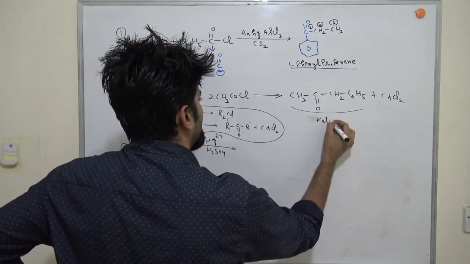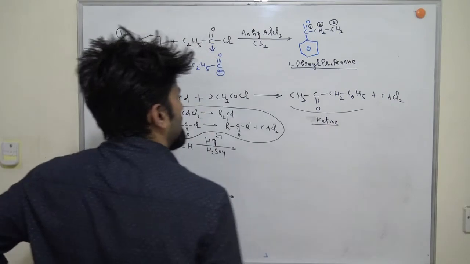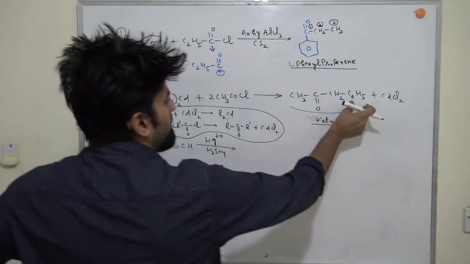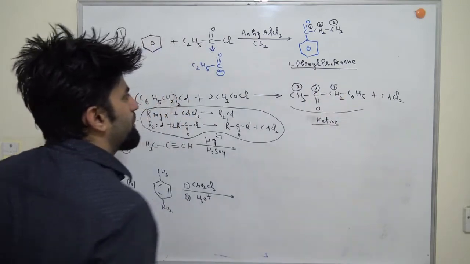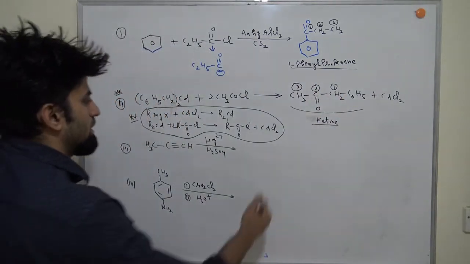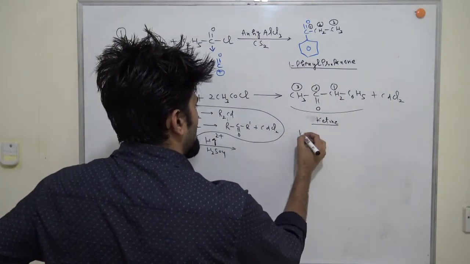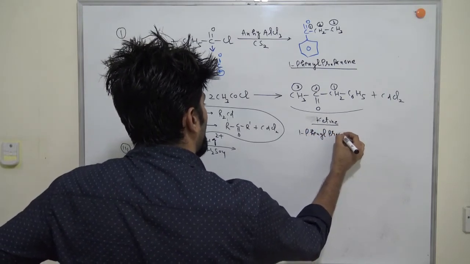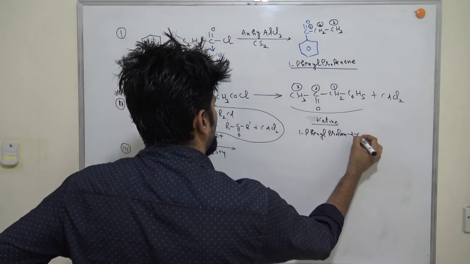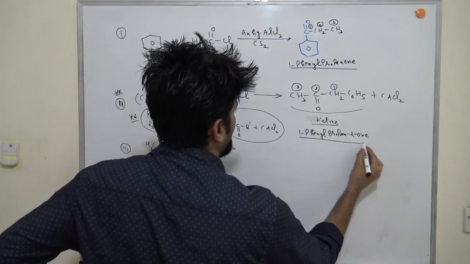You can name this also, not a big deal, right? The name will be: this is the benzene ring, so 1 2 3, 1-phenyl propan-2-one. They are not asking the name but I'm just solving for you.